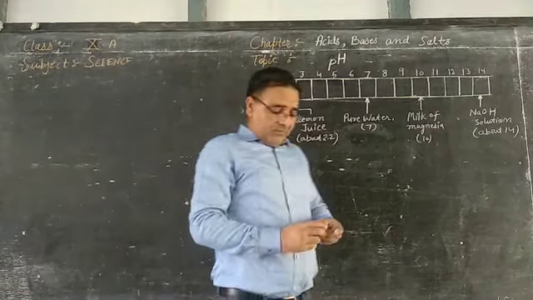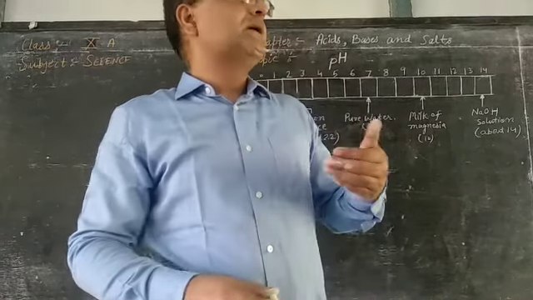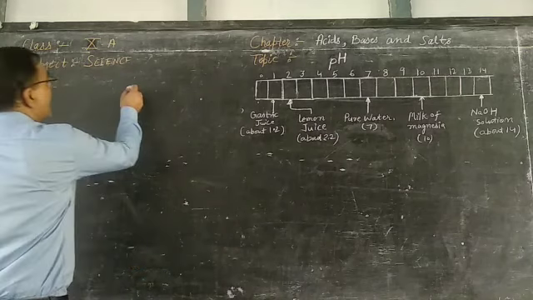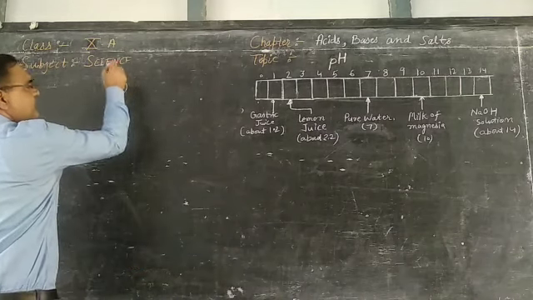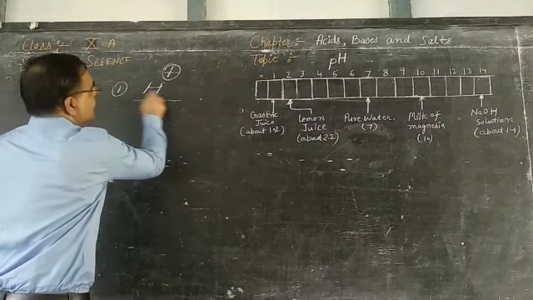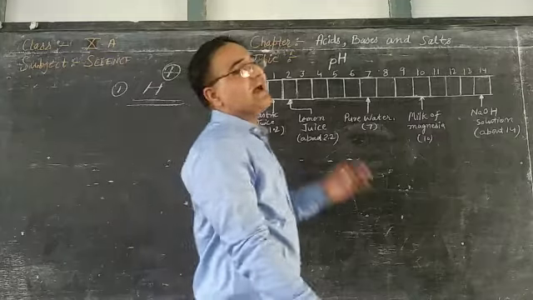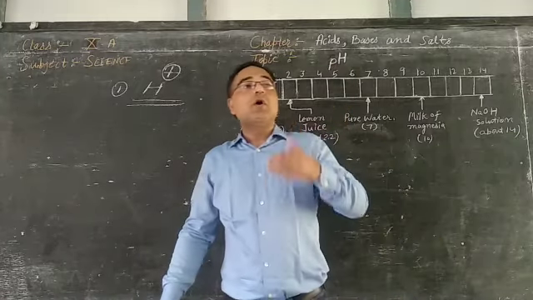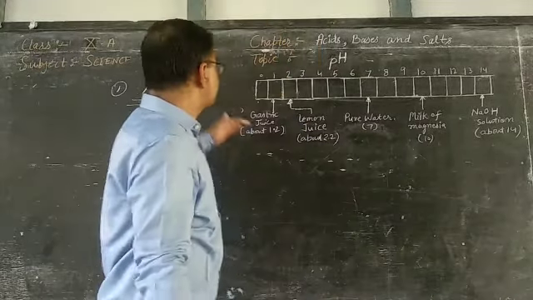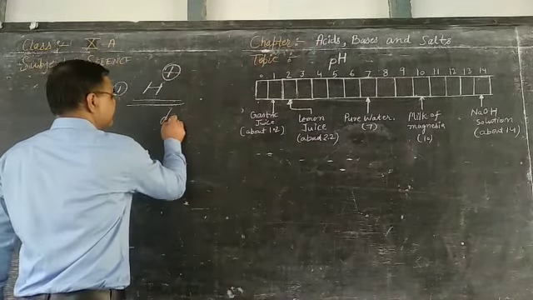Now, one very important question, which is asked many times in the board examination, is: what is the effect of dilution on the concentration of H+ ions? And the answer is, the concentration of H+ ions decreases after dilution.